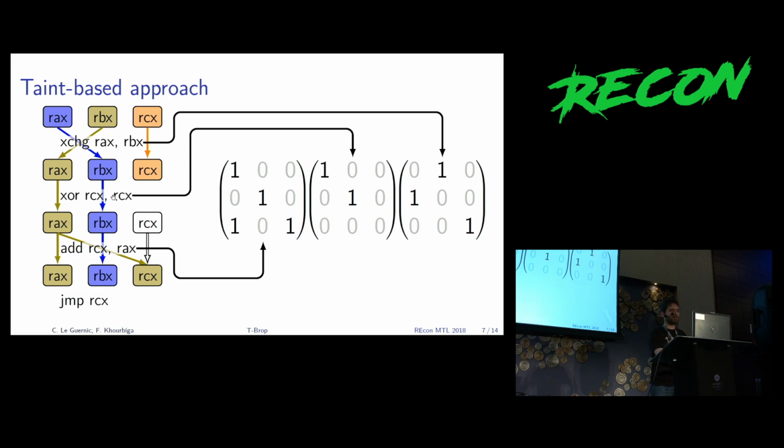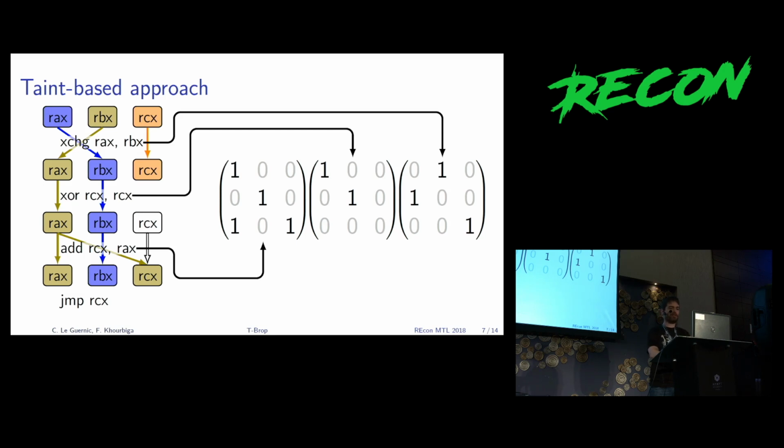And actually, if you want to compute the dependency matrix of the full gadget once you have computed a partial one, if you want to extend your gadget by one instruction, you just have to do a product with one matrix. So you can do all the computation very efficiently and reuse the work you did for other gadgets.